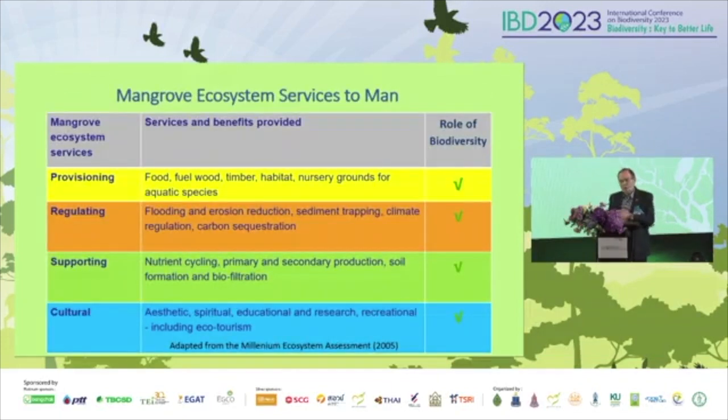But just to go back one step, you've seen this sort of graph many times already during this conference, and I just want to highlight the fact that in terms of mangroves, we have all four of the main types of service: provisioning, regulating, supporting, and cultural. And biodiversity cuts across all four of those ecosystem services. So when we talk about PES, we're also talking about payment to maintain and support biodiversity as part of the ecosystem service.